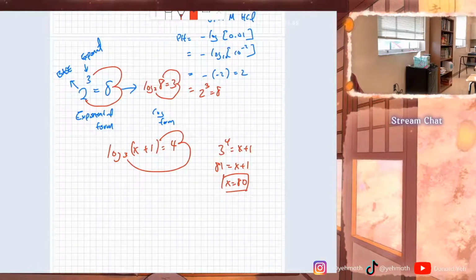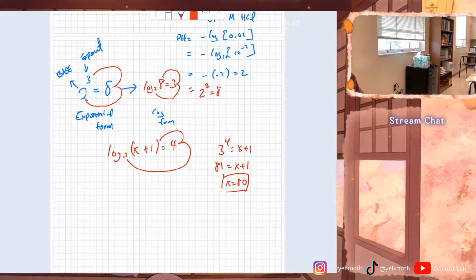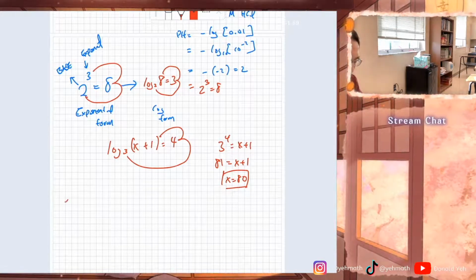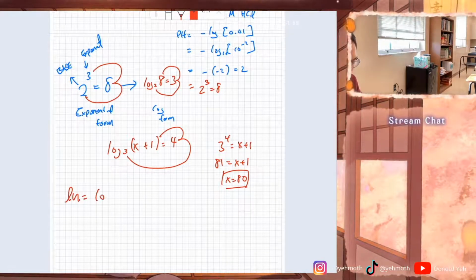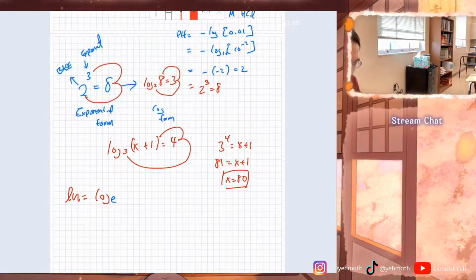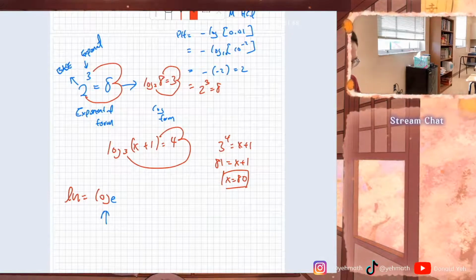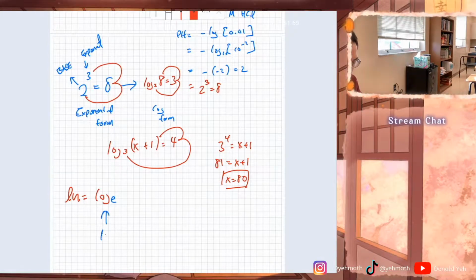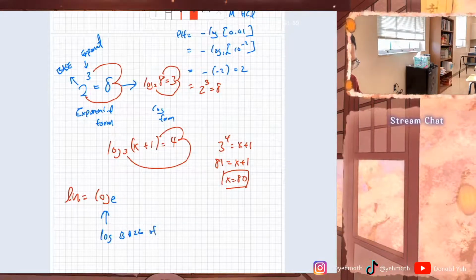Log base 3. Now you're going to say, well, what is natural log? Natural log is log base e. So it's not really as large, all right? It's going to be log base e.